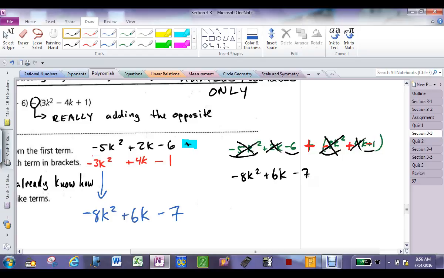Do I care which way you do it? Absolutely not. But speaking as a math teacher who's been doing this for a long time, longer than you have been alive, if you go straight to this, you will screw it up. You will forget to change these to opposites. Okay? I know this.